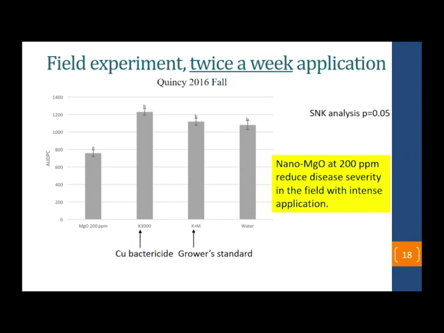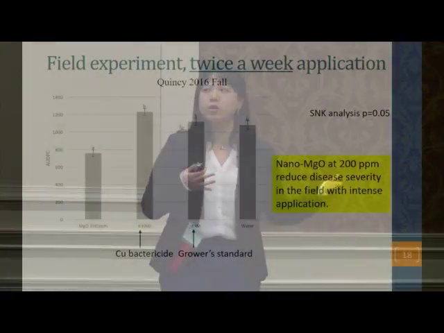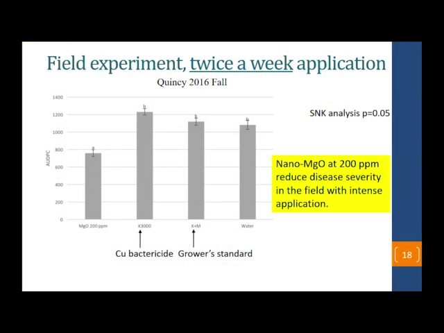In the next field experiment, we try to be more realistic, because growers are spraying copper mancozeb like twice a week. So if we spray copper mancozeb twice a week, it might significantly reduce disease severity and might be more like the magnesium oxide nanoparticles.